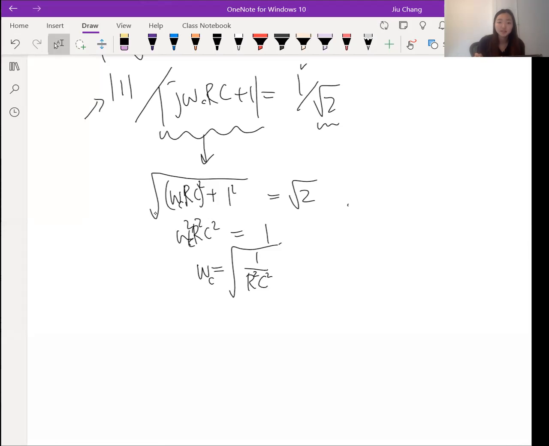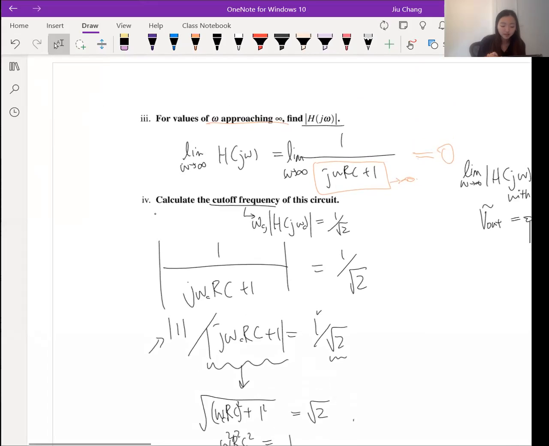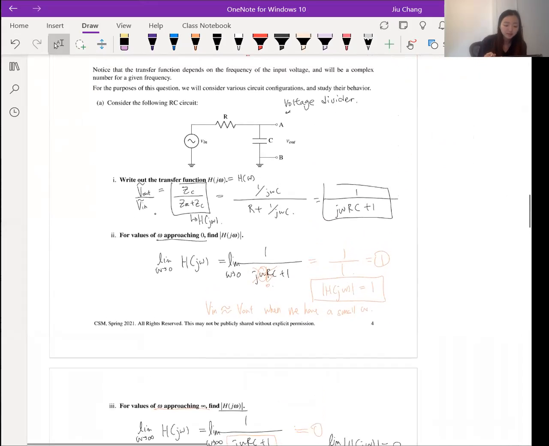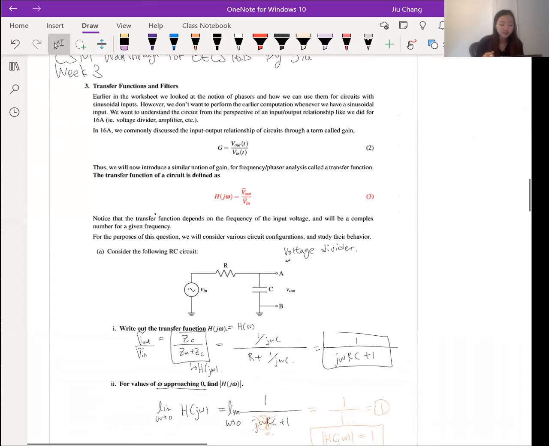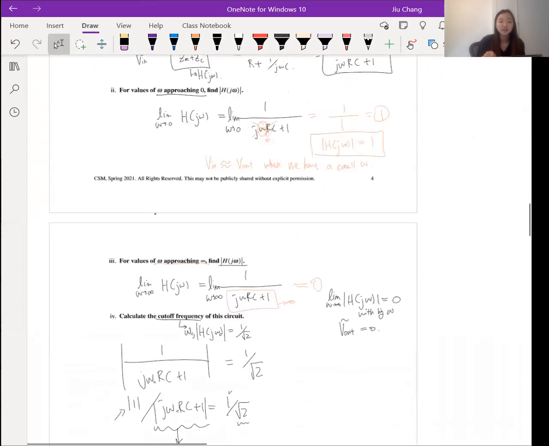So I missed the squares here. So that would just be omega c equals 1 over RC. So that's all for part 4 of subpart A of question 3. And that's all for part A.